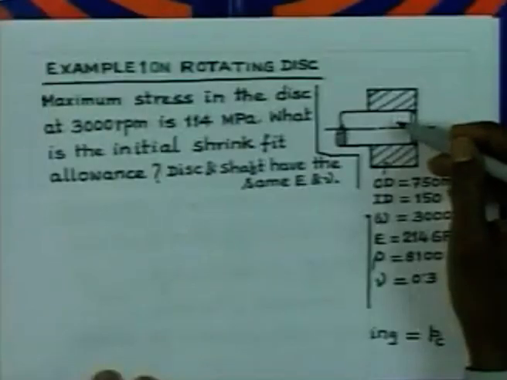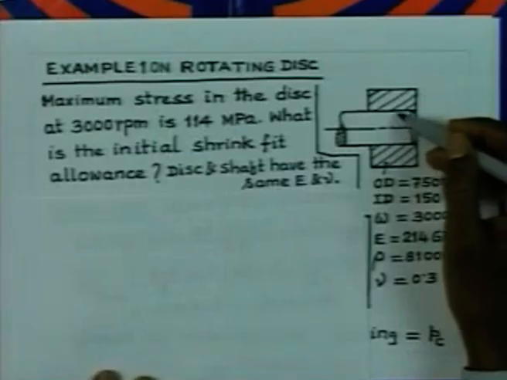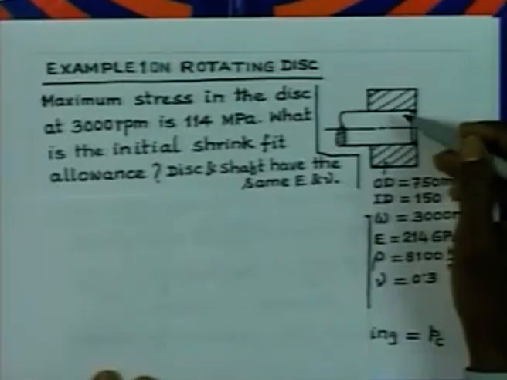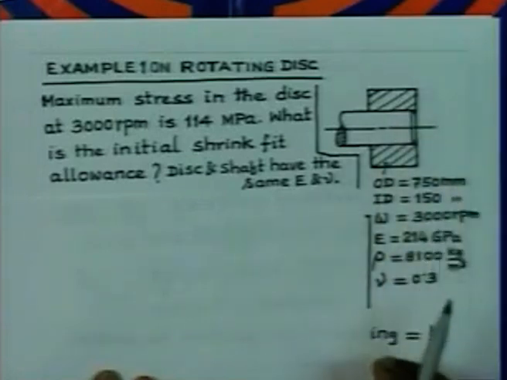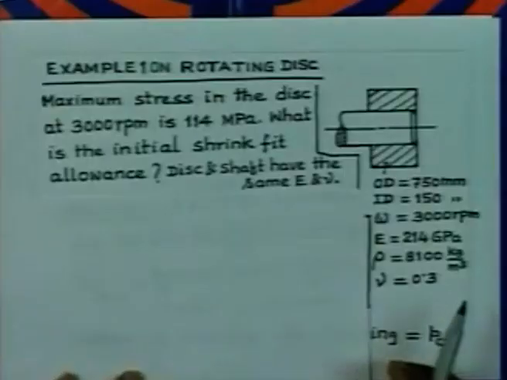But in this particular problem, it is stated that the disk is still in touch with the shaft, and there is a contact pressure existing at the interface at that particular RPM. So, the problem is to find out that pressure which is existing at the rotational speed.